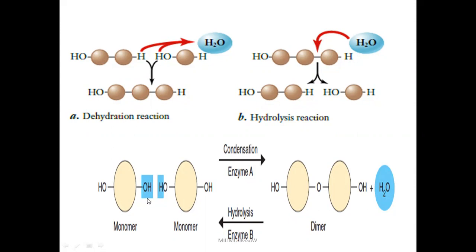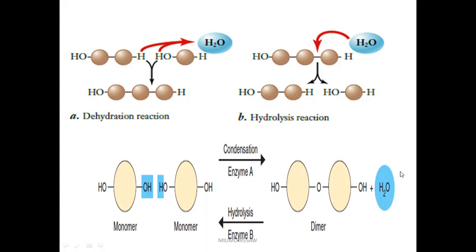And then a hydrogen atom is removed from the other monomer. So we have OH being removed from one monomer and an H removed from another monomer, which is going to lead to the production of a water molecule.